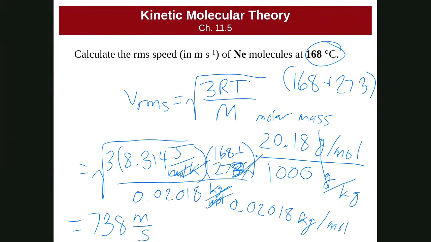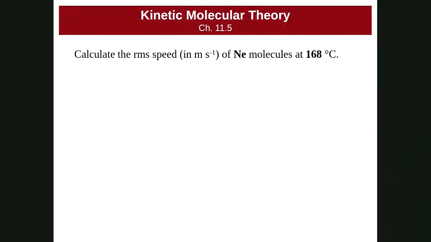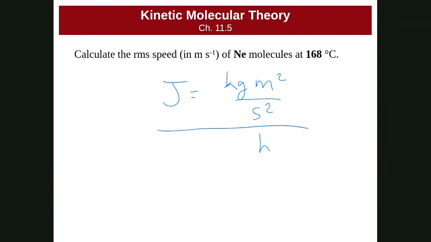All right. So now I'll show you what I did with the units, just so you know. Joules are equal to kilograms meters squared per second squared. So we canceled everything else out but our kilograms on the bottom. So kilograms cancel out, and we end up with meters squared per second squared.